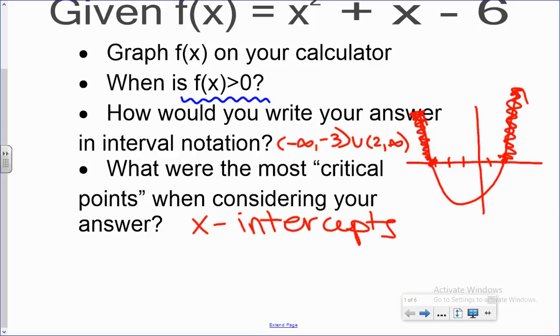Since we were looking for where f was just greater than 0, we didn't have to include our intercepts in that interval notation. But from negative infinity up until negative 3, we're above the x-axis, and then from 2 to infinity, we're above the x-axis. You just solved a nonlinear inequality by looking at the graph and determining what pieces of the domain fit our inequality.